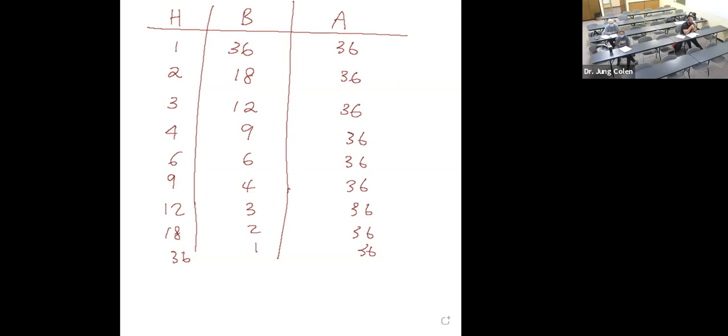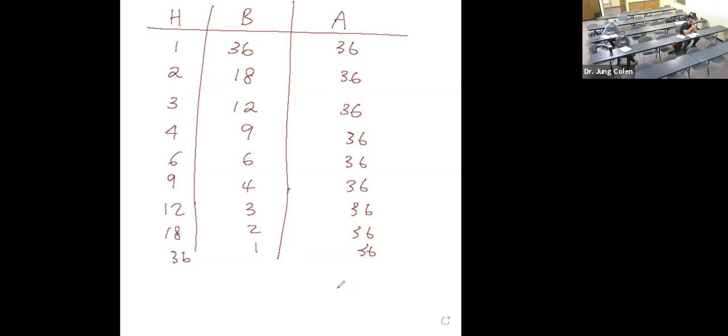What other things do you notice? How about area? The area is the same. Oh, it's constant, right? It's not changing. It's always the same. Area is same, right? But height and base, if one goes up, the other one goes down. So they are indirect variation there.